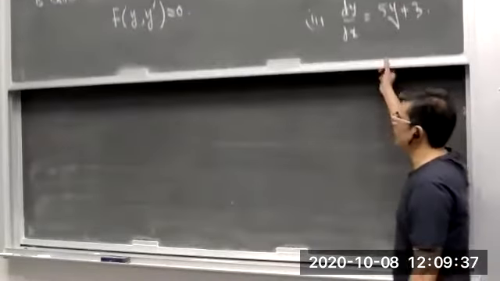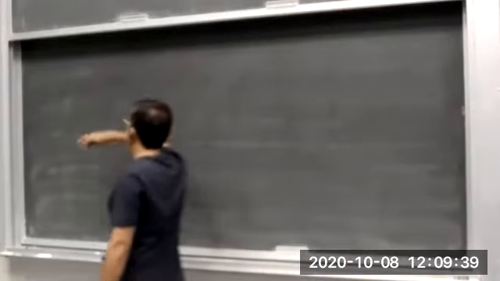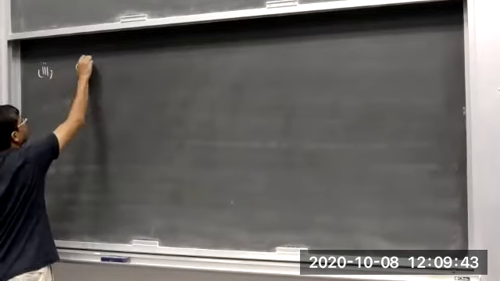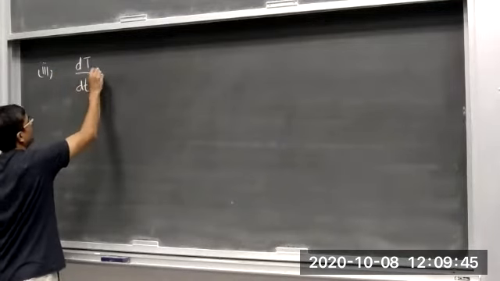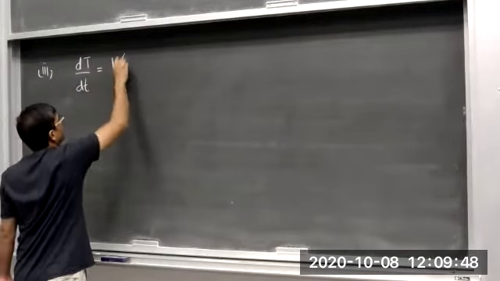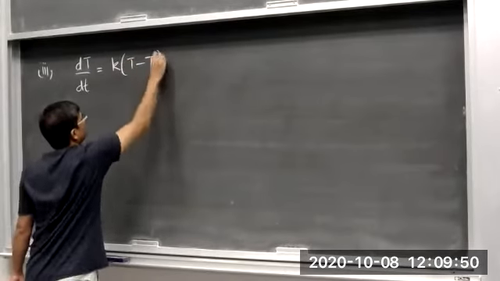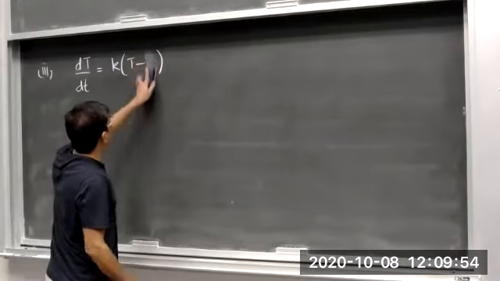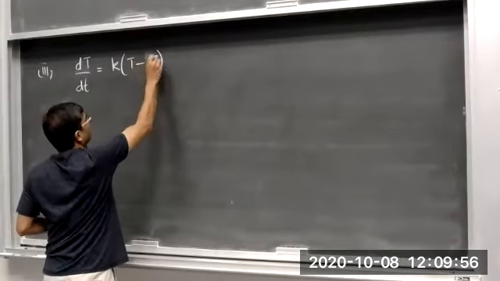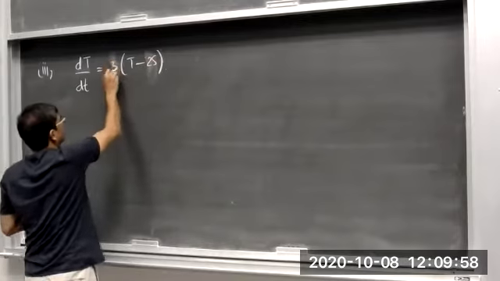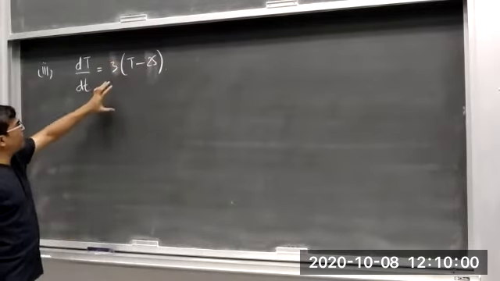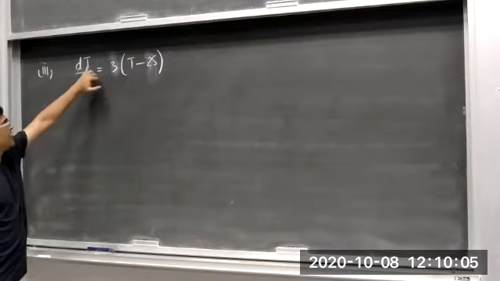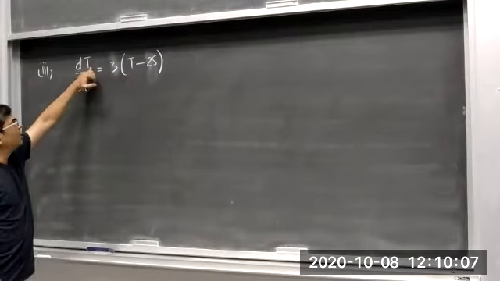Other examples may use a different dependent variable. For example, dT by dt is equal to some constant times T minus T naught, maybe with 25 and 3. Now the independent variable is t here, small t, and the capital T represents the temperature.